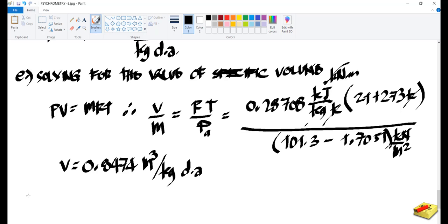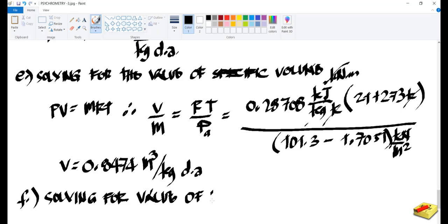Then solving for the value of percent of saturation.